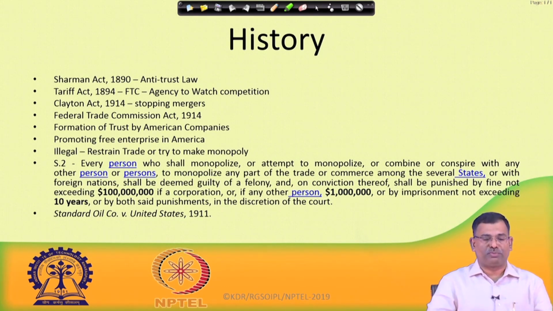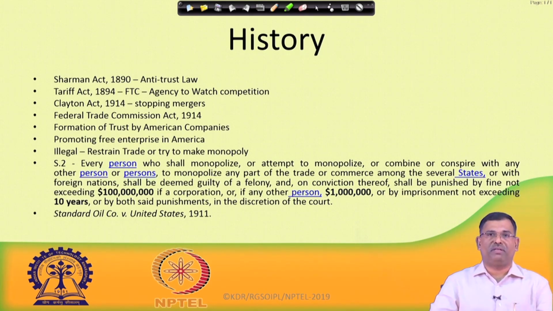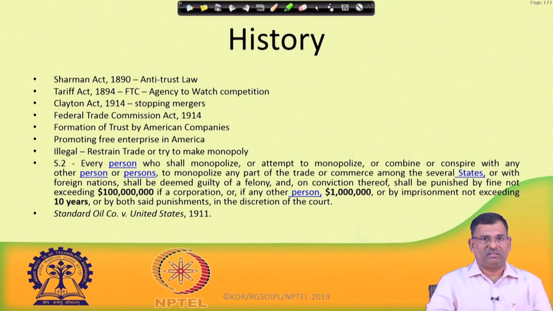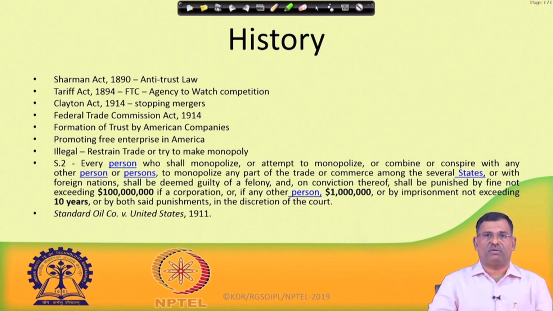And this particular law promotes free enterprise in America, and it held that all restraint of trade or attempts to make a monopoly is illegal under this Act. You can see that from the inception of this Act, a huge jurisprudence has emerged in the United States on the antitrust law or the competition law, which we will study in detail in the next week's class.